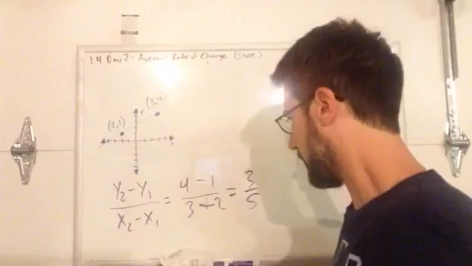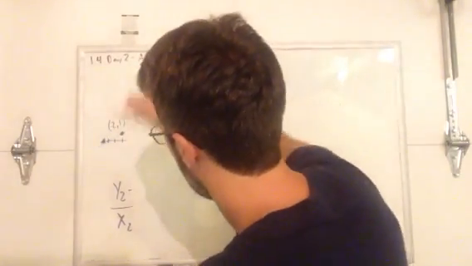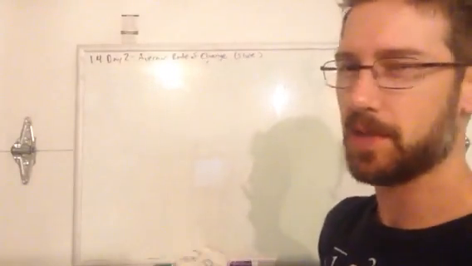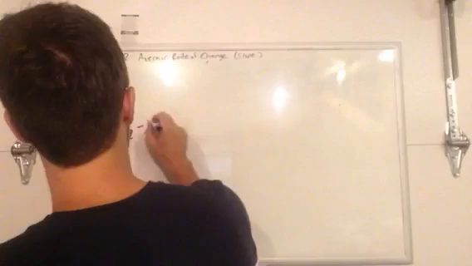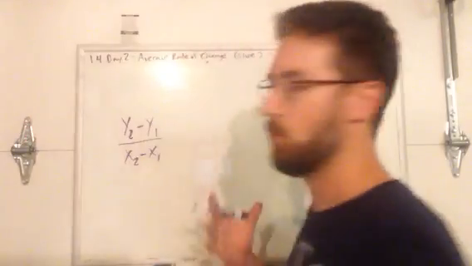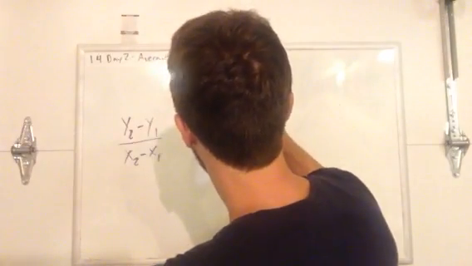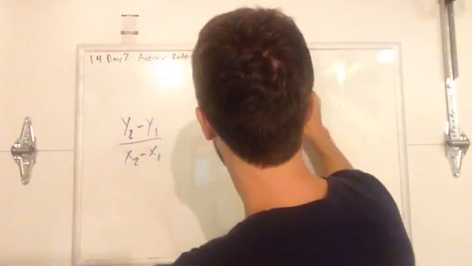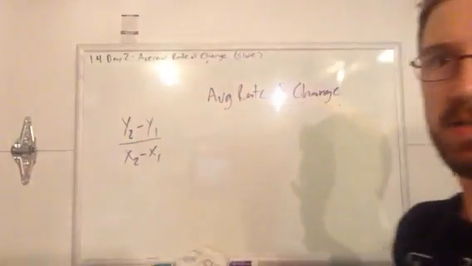Now, because this is pre-calc, because we're working in function notation, the slope formula that we're going to use looks a little bit different, but it's basically the same thing. The original is y2 minus y1 over x2 minus x1. What you're going to see in this class for average rate of change is this.